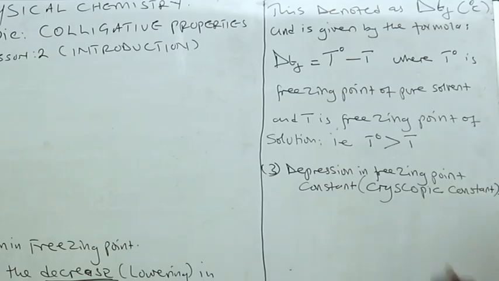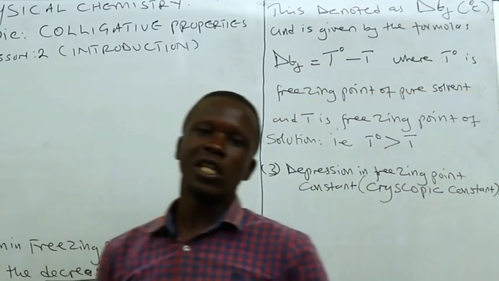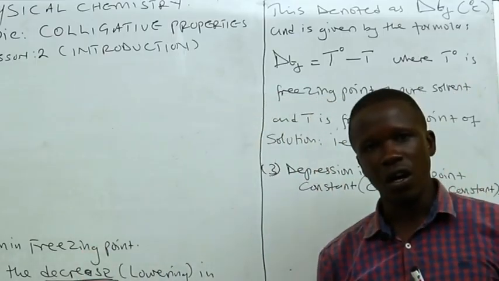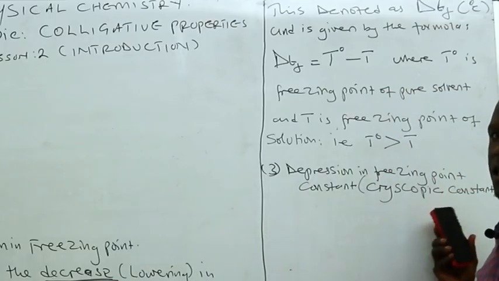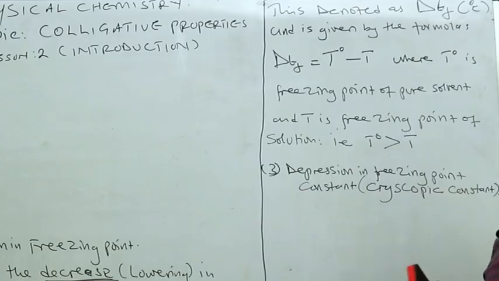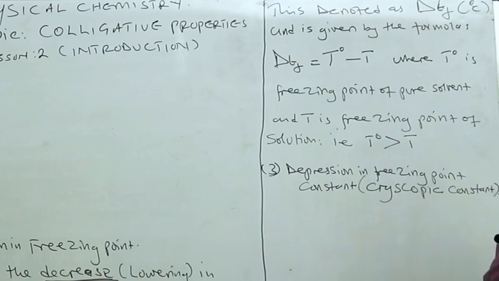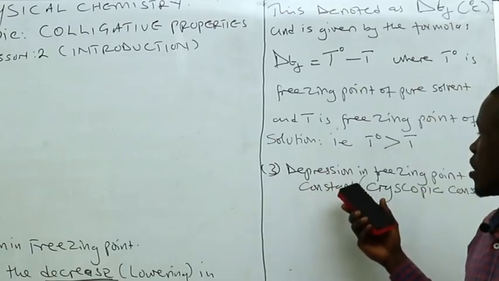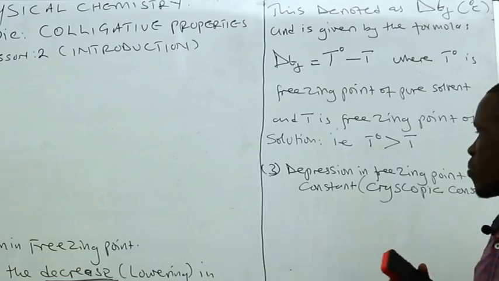Now, this constant here is known for most of the pure solvents. You don't need to cram them. It is these constants that give us a starting point for the calculation of relative molecular mass. Otherwise, without them, we could not be able to calculate the relative molecular mass. So they are called depression in freezing point constants, or they are given the name the cryoscopic constant.